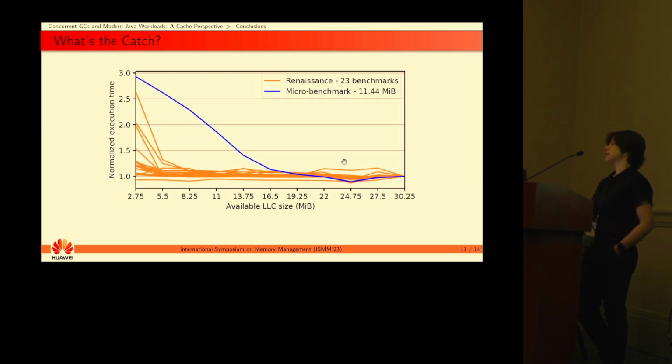So indeed, in the Renaissance benchmarks, the GC didn't have that much work to do. That could also be a reason why we don't see so big an impact there. That's true. But on the other hand, that's pretty much how these applications are run, officially. So that's what it is.